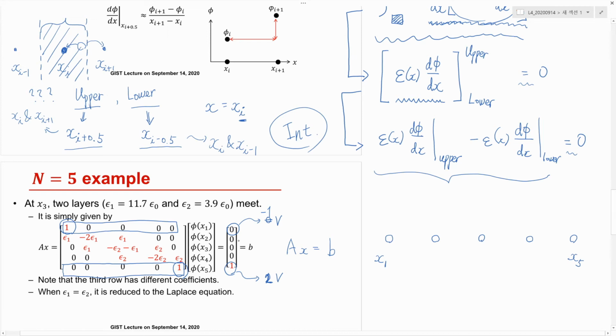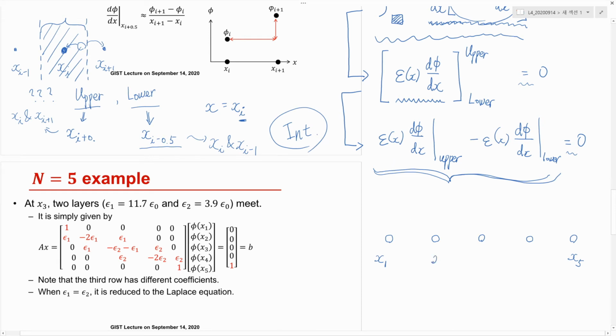But please have a look at the internal points. In our case, the second row, third row, and fourth row correspond to internal points. In this case, we have to evaluate the integrated form of our Poisson equation. Then, what will happen?